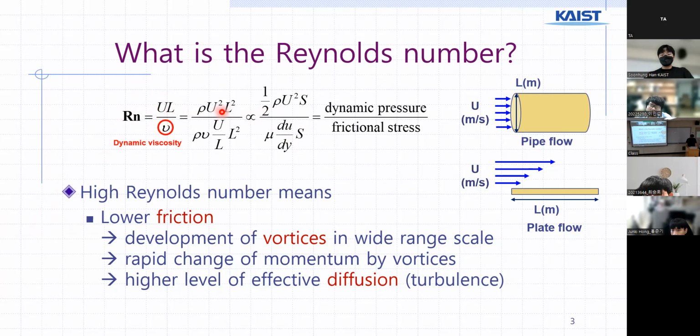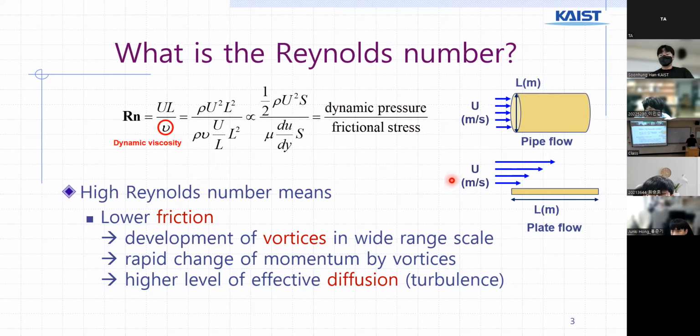So when you do the math calculation, Reynolds number can be referred to as dynamic pressure divided by frictional stress. So high Reynolds number means dynamic pressure is higher.